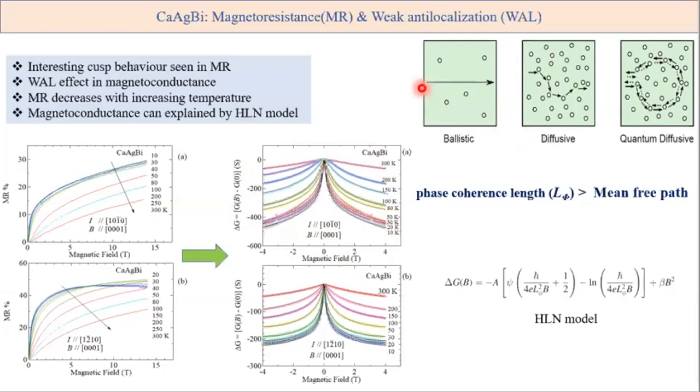In the ballistic case, the electrons can move very freely with the lowest scattering. While in the diffusive region, the electron gets scattered by scattering centers.